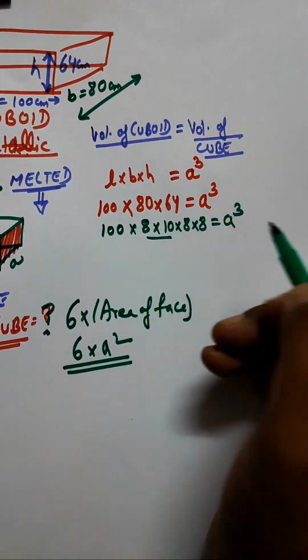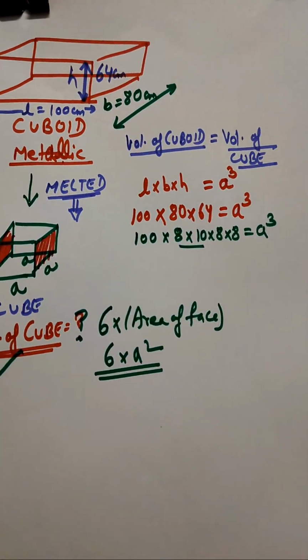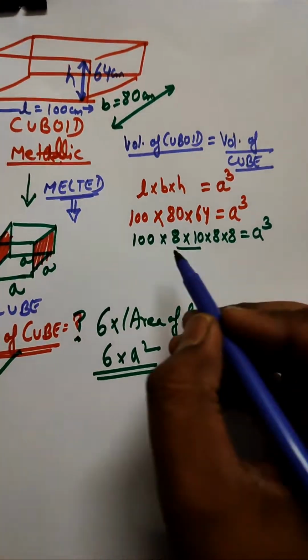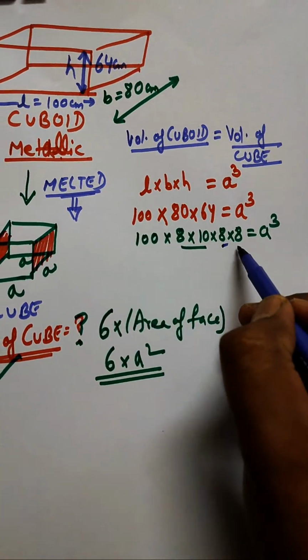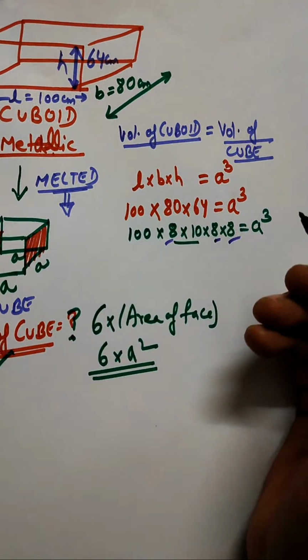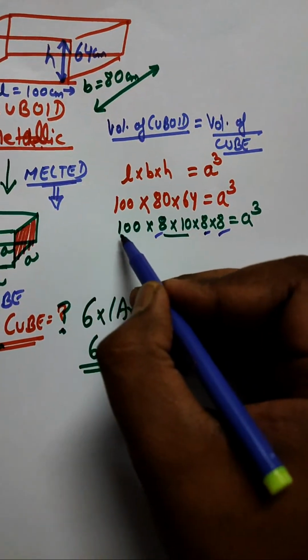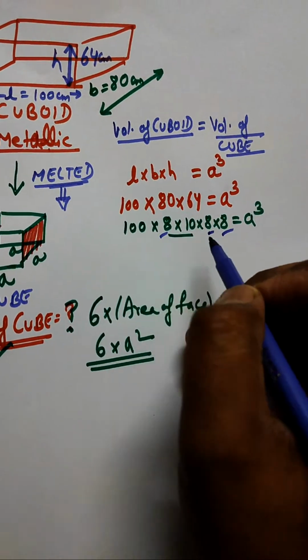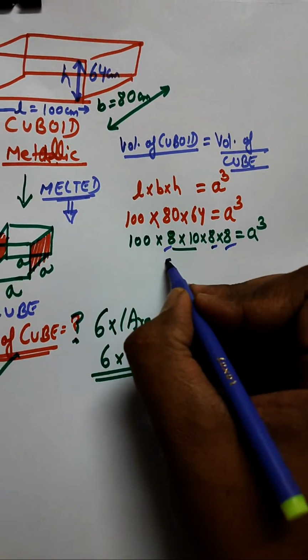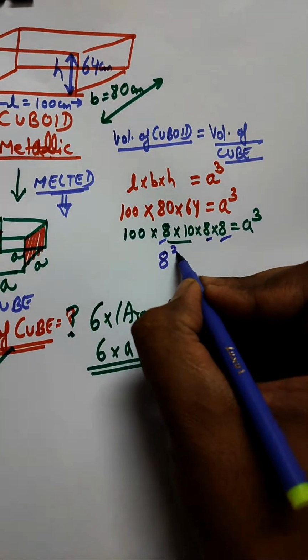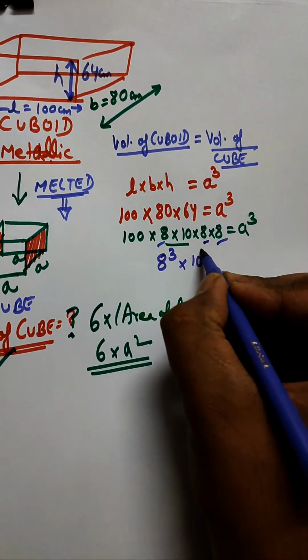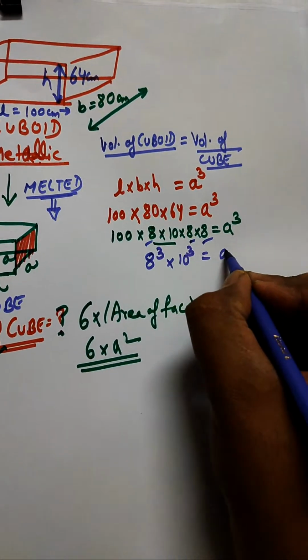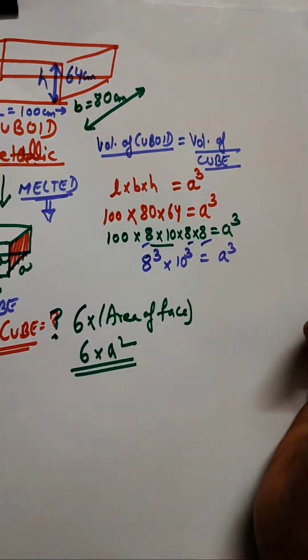If we look at the expression, we have 8 over here, 8 over here, and 8 over here. That is 3 times 8, and 100 into 10, that is 3 times 10, which is 1000. So we can write it as 8 cube into 10 cube as a cube.